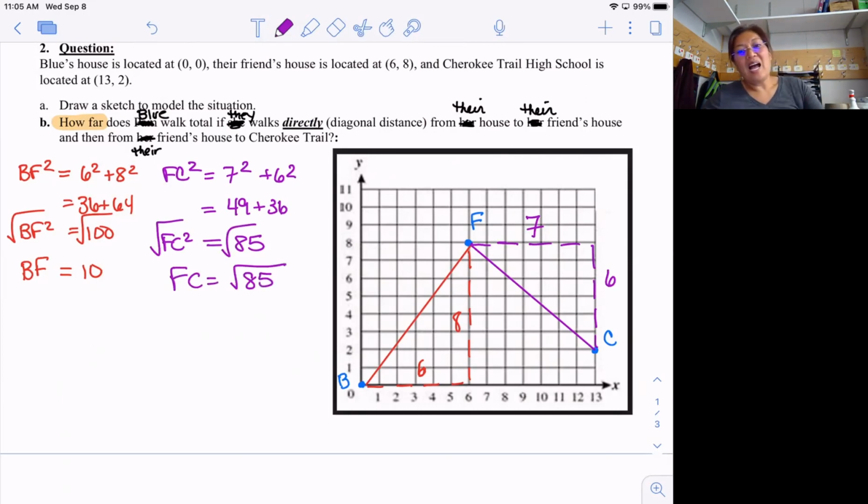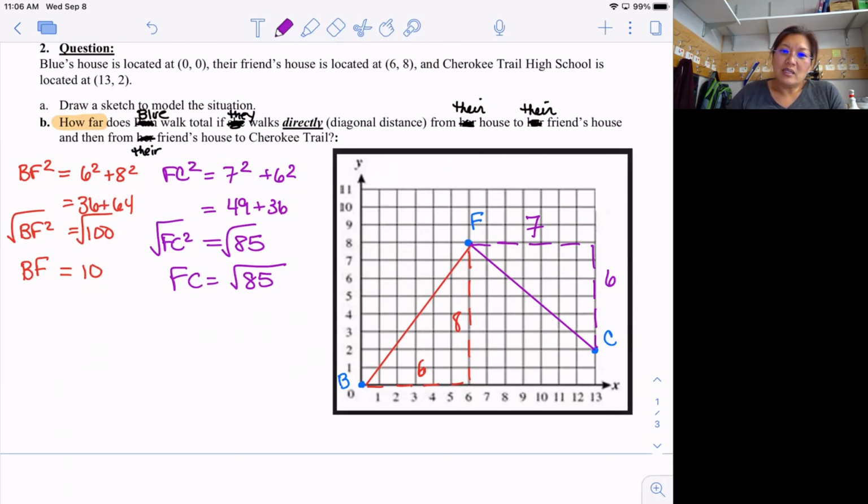Now, I don't know about you guys, but maybe you asked the question, how do I simplify radicals? How does PK want me to write my answer? When I look at this problem, I see it as a word problem, like a real life problem. I can actually find out how far Blue walks if they walk to their friend's house and then walk to CT, to find the total distance that this Blue person walks each day on their way to school.